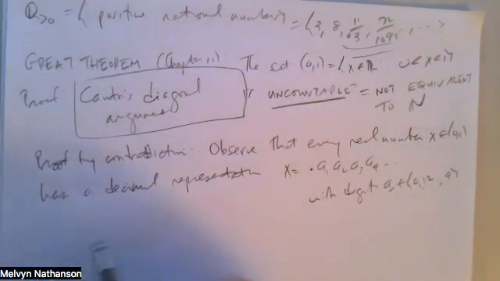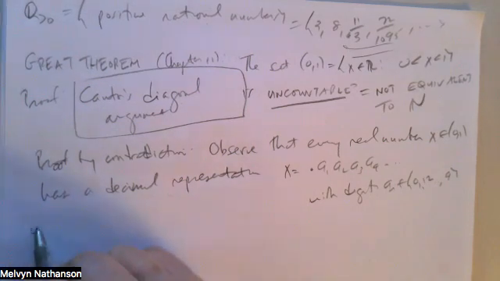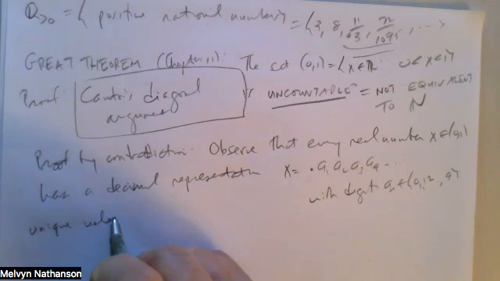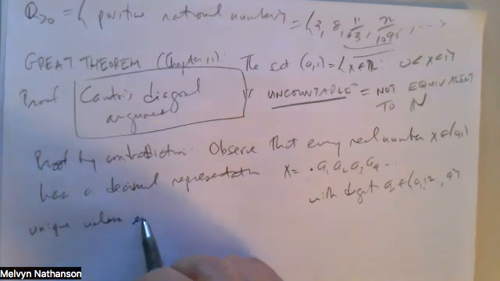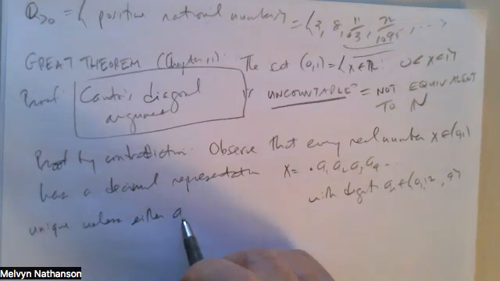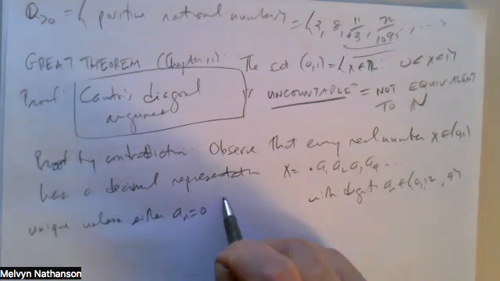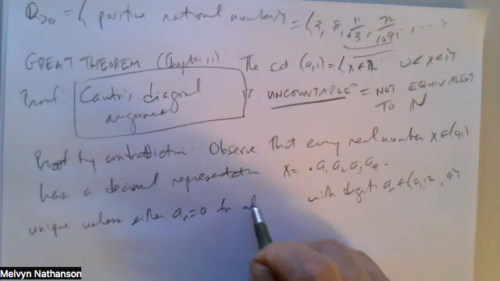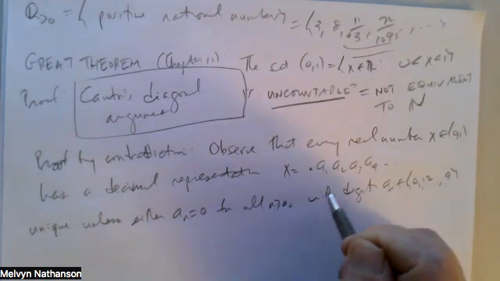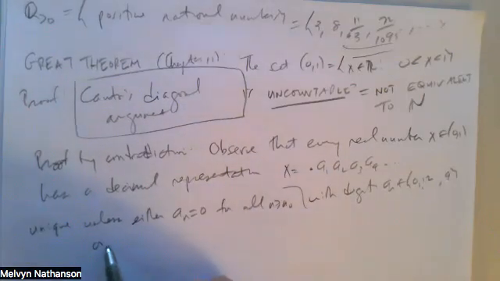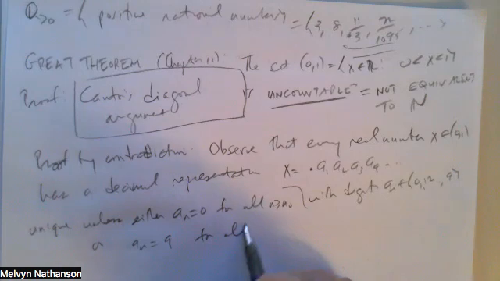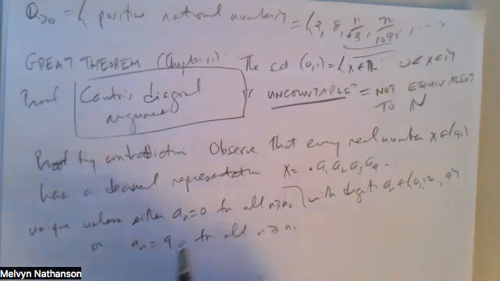And the only time it's unique is unless either you get zeros from some point on, an equals 0 for all n from some point on, n greater than or equal to n naught, or an is equal to 9 for all n from some point on.